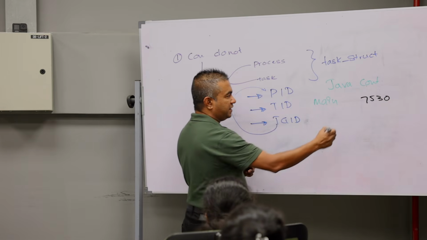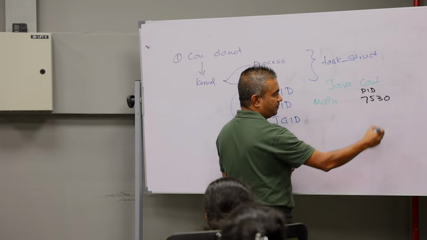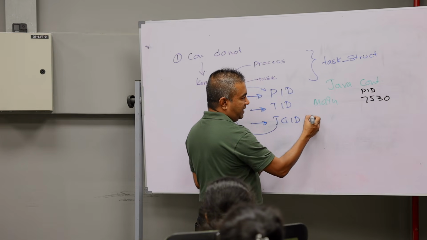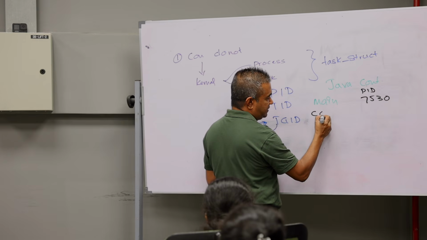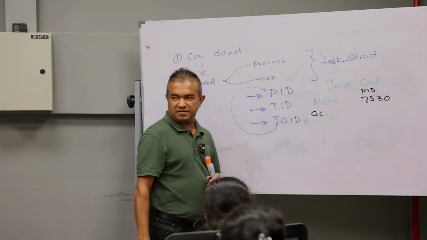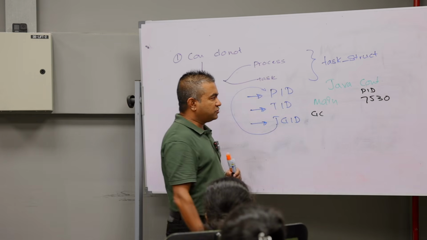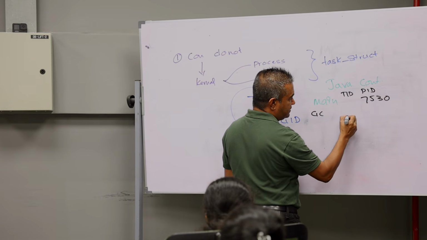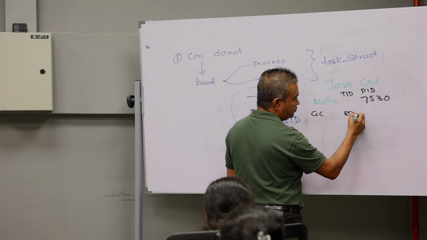This is a PID. Now it has, let's say, a GC thread, whose TID is, let's say, 8520.